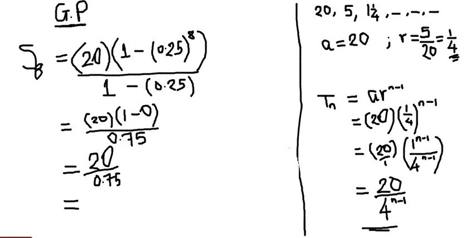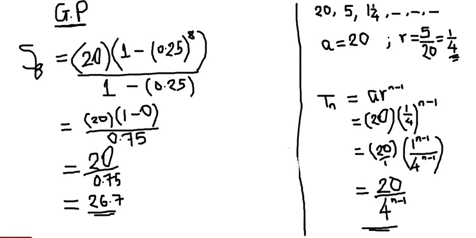And 20 divided by 0.75 gives us 26.7 or 27.